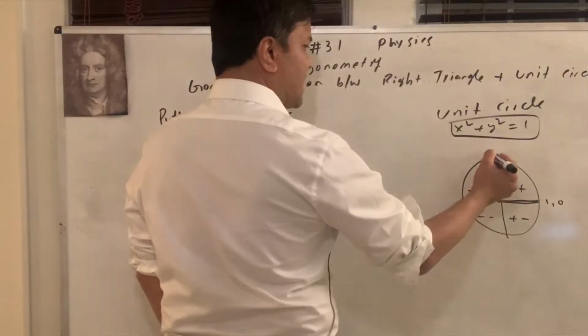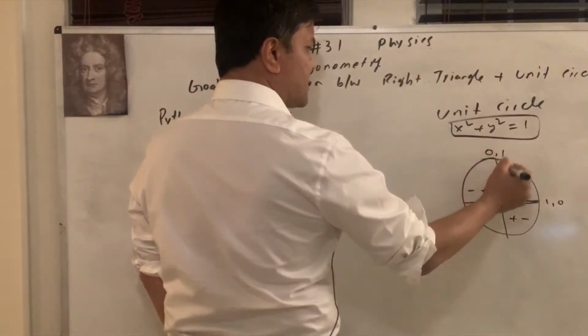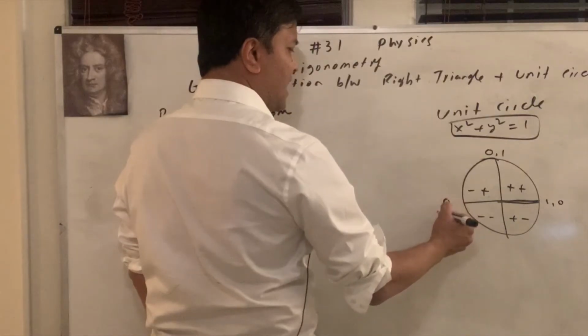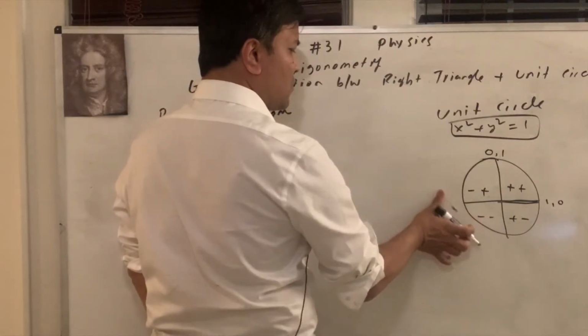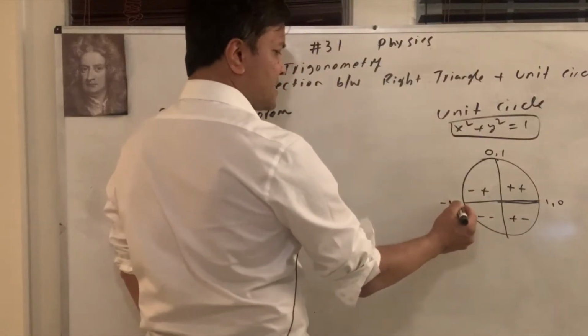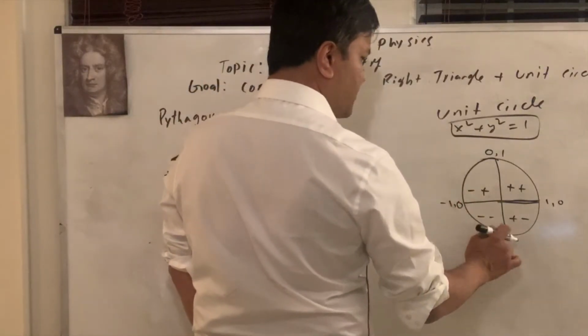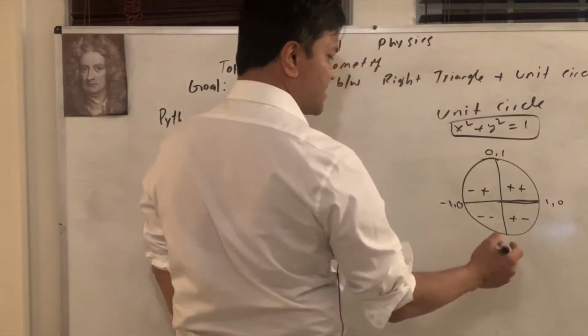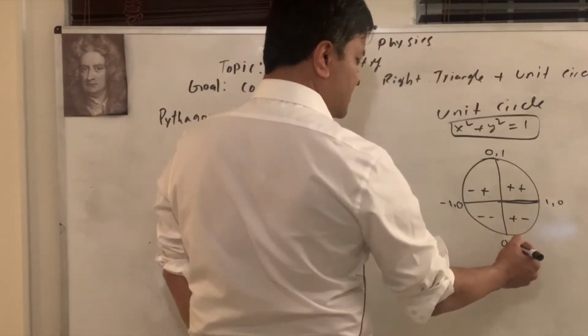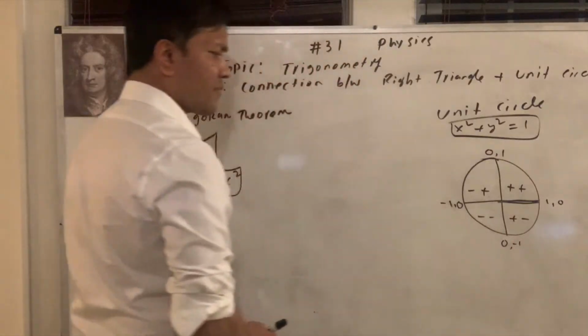Cosine 90 degree is 0 and sine 90 degree is 1. Cosine 180 degree is minus 1 and sine 180 degree is 0. Cosine 270 degree is 0 and sine 270 degree is minus 1.